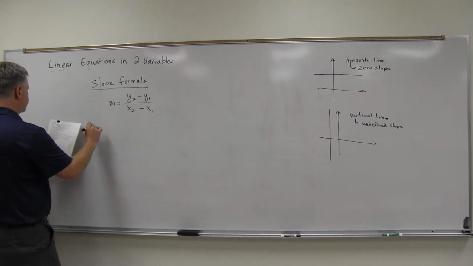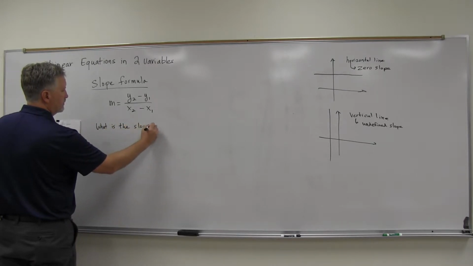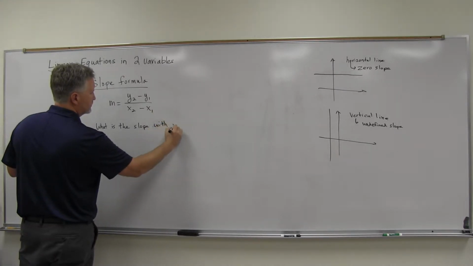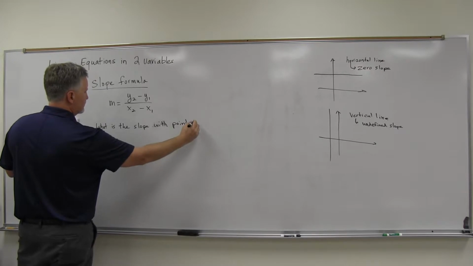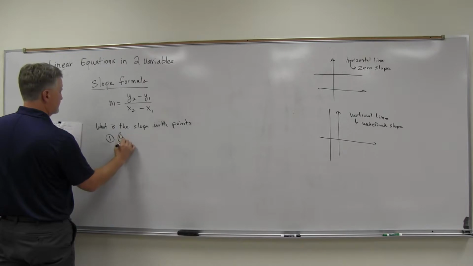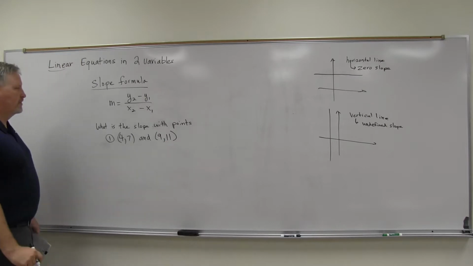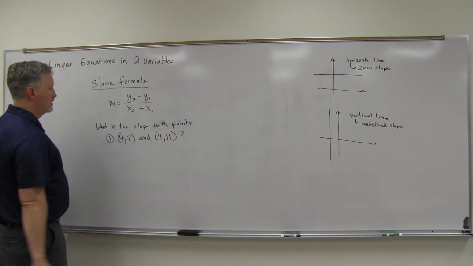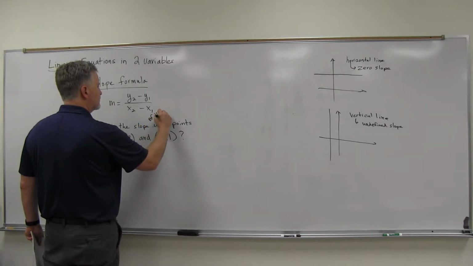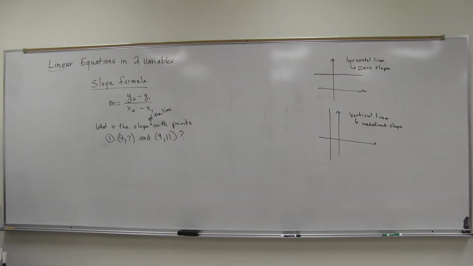Okay, so what is the slope of the line with points 4, 7, and 9, 11?